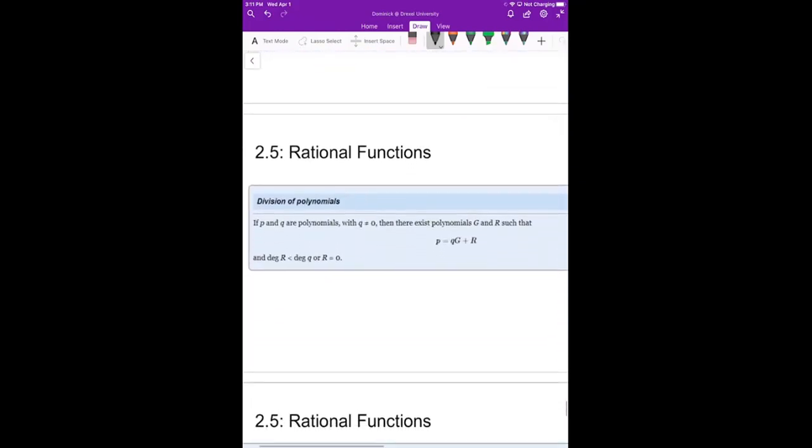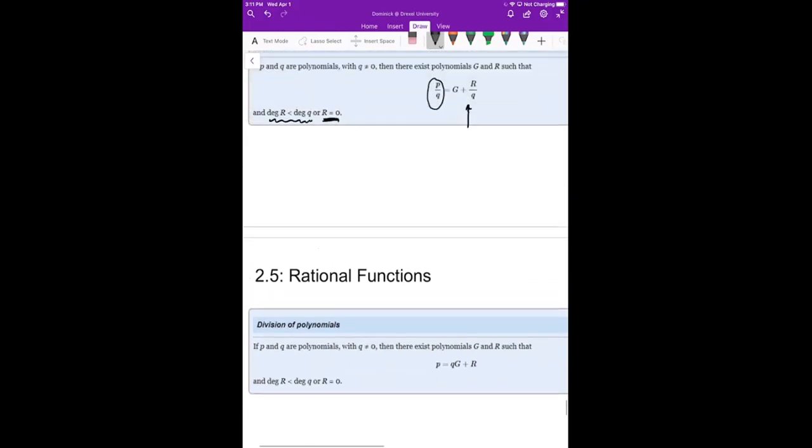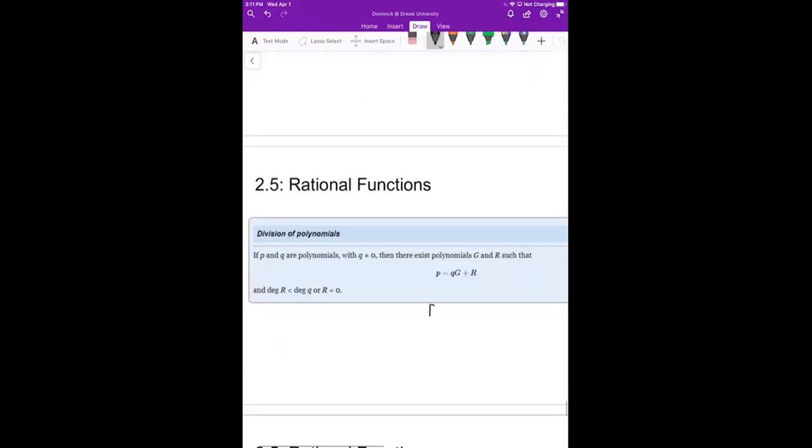and our remainder had degree 1. Now, if you look at this previous one, we had P over Q equals G plus R over Q. Another way to say that is that if you multiply through by Q, you get this. So you could always say that your original polynomial is something times another polynomial plus some remainder.